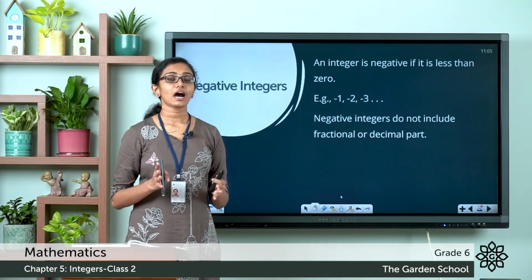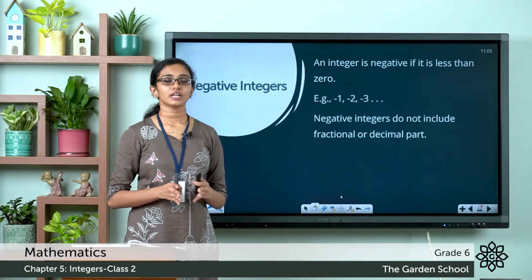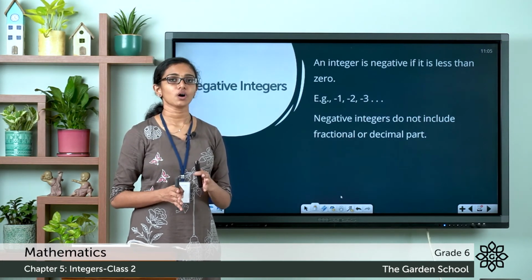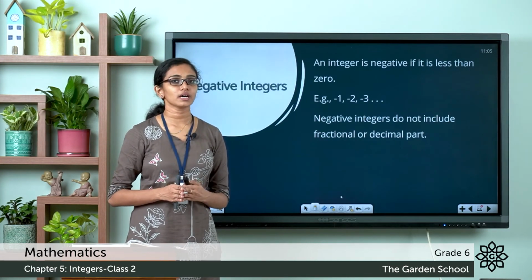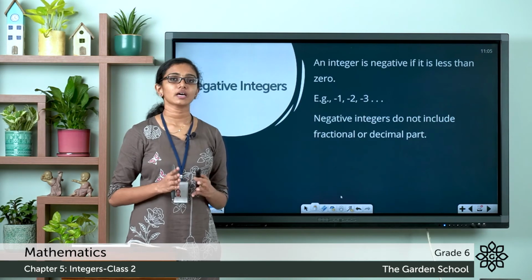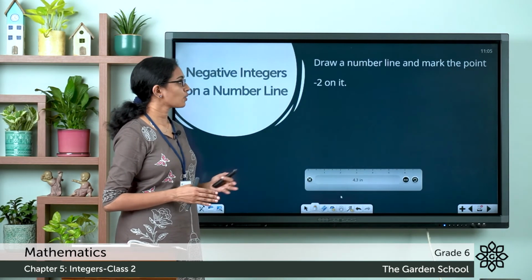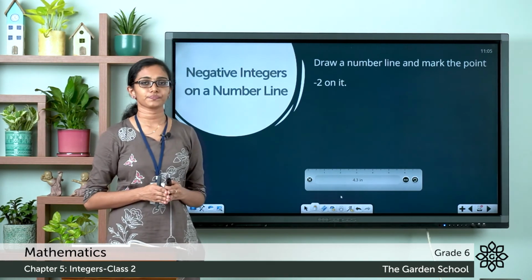So now let's see how we can represent negative integers on a number line. Let's draw a number line and learn how to represent a negative integer on it. So first, everyone, please take your ruler and a pencil and your notebook. So are you ready? Here is a question. Draw a number line and mark the point minus 2 on it.